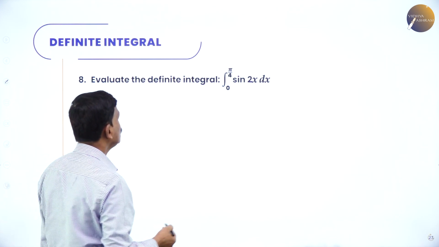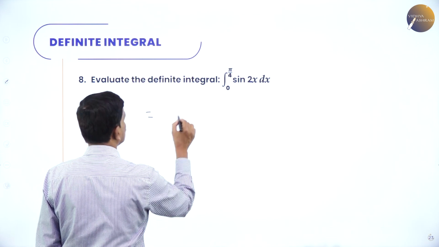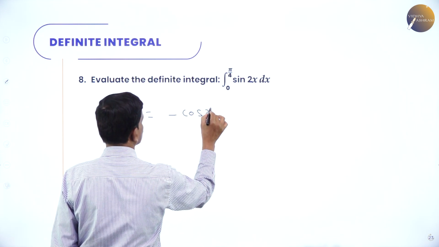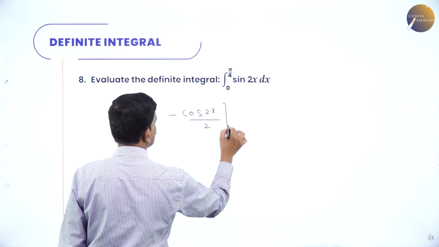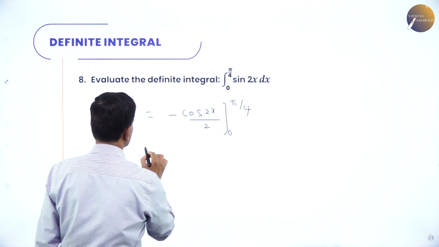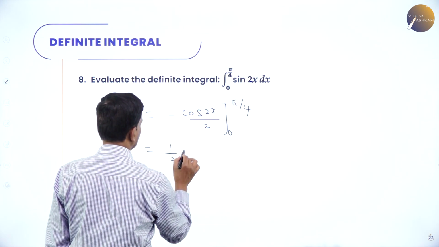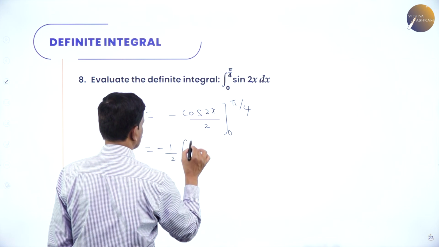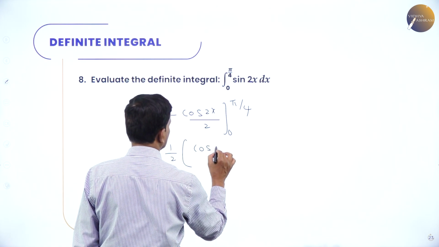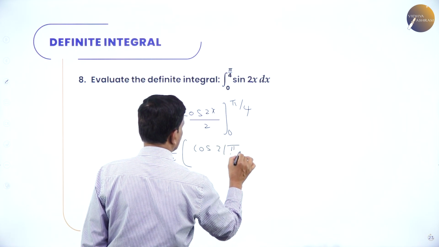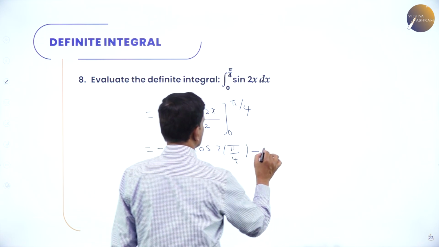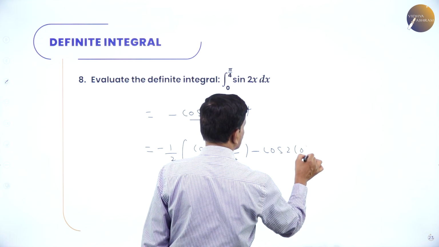Now next, integration of sine 2x. So what is the integration of sine 2x? Minus cos 2x by 2 between the limits 0 to pi by 4. So here you can take 1 by 2 out along with the negative sign, apply the limit, upper limit, cos of 2 times pi by 4 minus cos of 2 times 0.